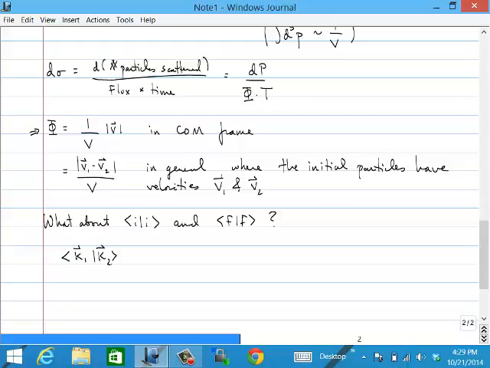Let's imagine we're computing the overlap between a state with momentum k1 and a state with momentum k2. This, as we learned, is proportional to a delta function of k1 minus k2. All of our states with momentum k should form some orthonormal basis that's delta function normalized.